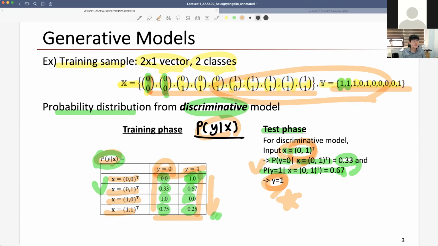This kind of thing was done by many classification techniques, for example logistic regression or the softmax classifier, something like this. We already discussed this one. Anyway, it is the discriminative model.